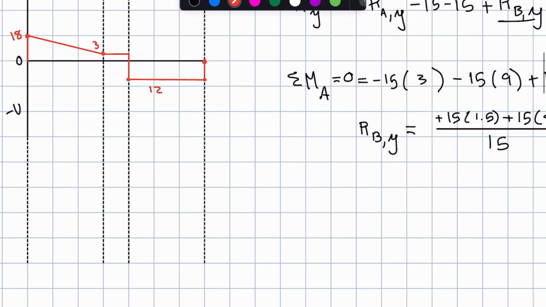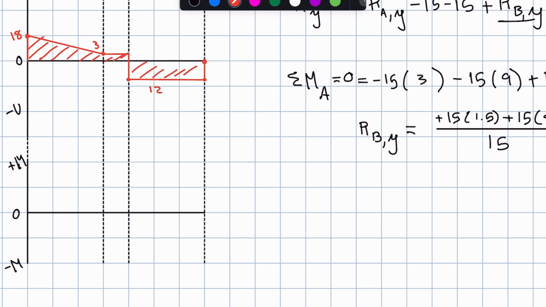Now I'm going to go ahead and draw the start of our moment diagram. We have positive moment, negative moment, and 0. And the way we get the values for the moment diagram comes from the areas right here.